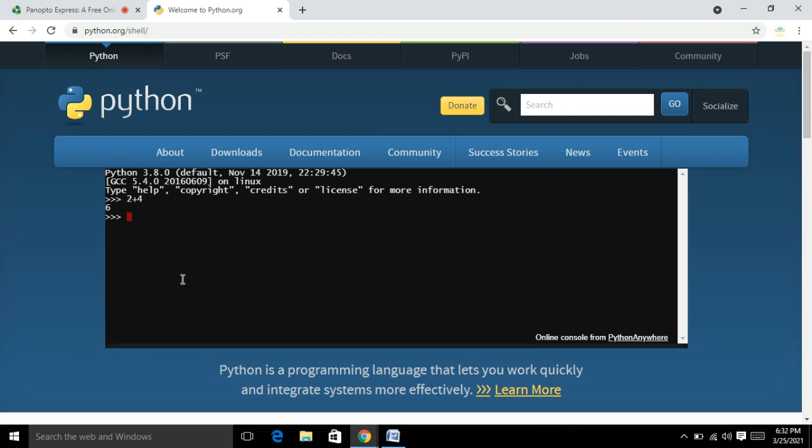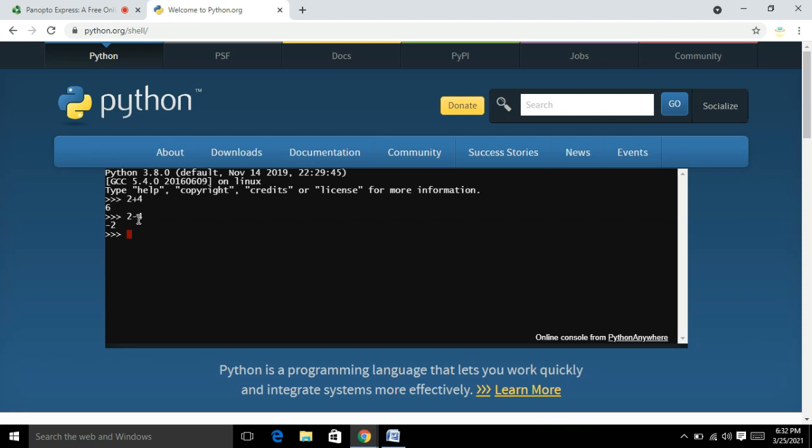That means when I type 2 plus 4 and press enter, the content is transferred to the interpreter, checked as per the syntax of the Python language, executed on the processor, and the result is printed on the screen. Suppose I type 2 minus 4, a subtraction operation.